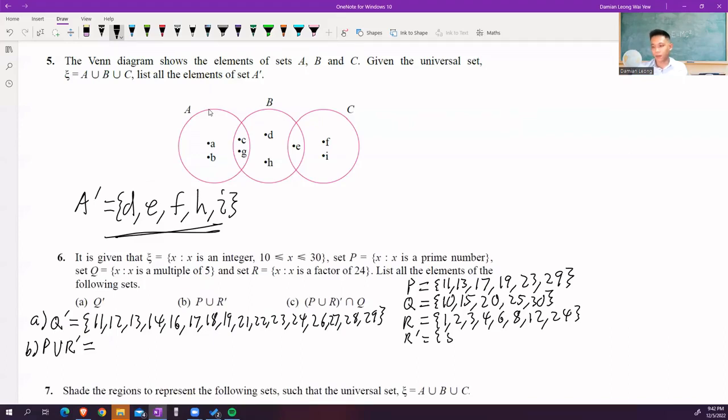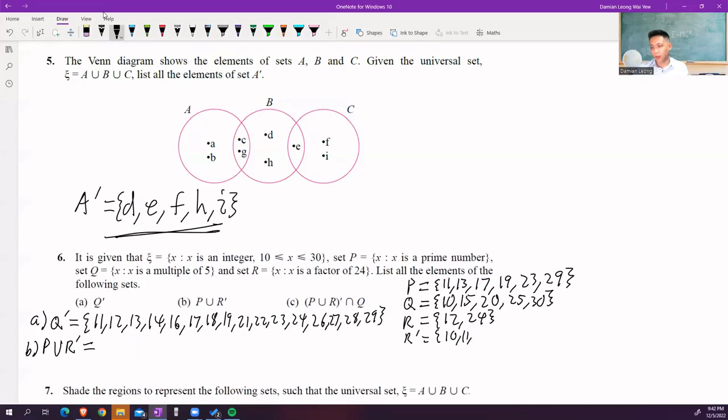Sorry, my bad. Ignore all this. It's just 12 and 24 because it should be inside the universal set. Means everything from 10 to 30 except 12 and 24.